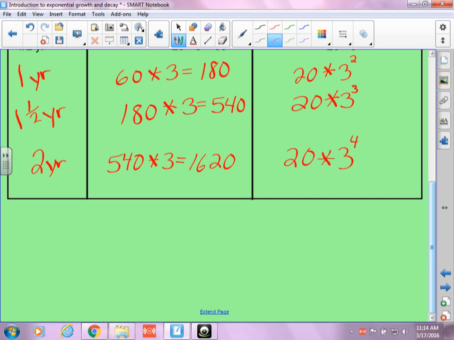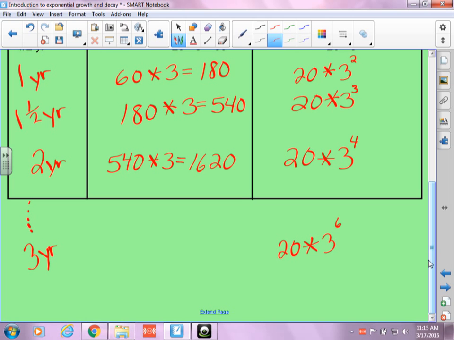Now, let's say I want to know what happens after 3 years. But I don't want to do all the work in the middle. What would I do with exponents? Just 20 times 3 to the 6. Where did you get 6 from? Because it's 2.5 years later.